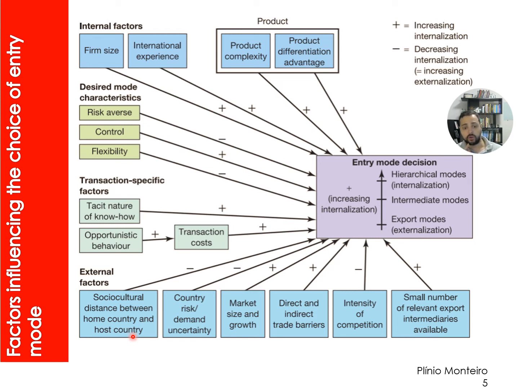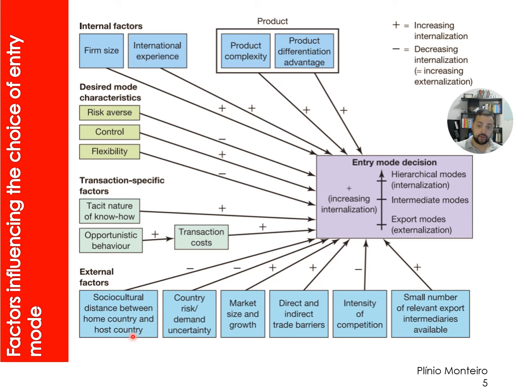Also, the country risk and demand uncertainty. Imagine that this year you have a huge demand, but you are not sure if this demand will stay high in the future.